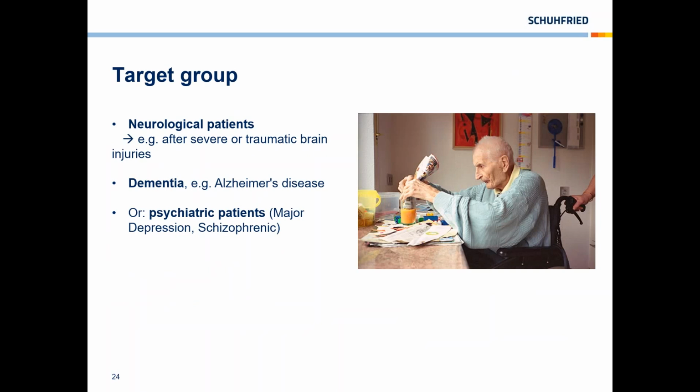The target group for the VISCO is mainly neurological patients, because visual construction is something that gets impaired easily, for example, through severe or traumatic brain injuries. It is one of the first things that get impaired through dementia. Also, Alzheimer's disease affects visual construction ability.